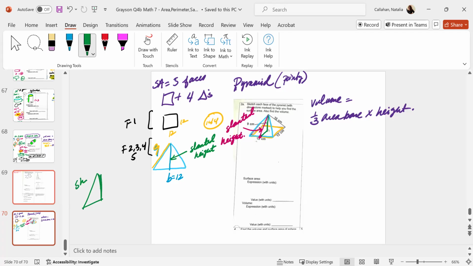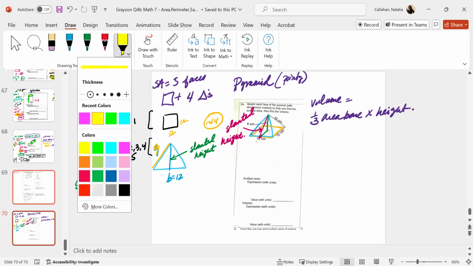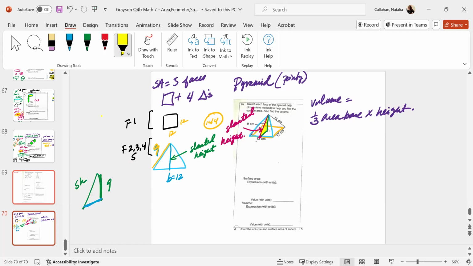This part right here, do you know what that is? Look at your triangle that I took it from. What do you think that is? 9. That is 9. Do you see this triangle right here, this yellow triangle? Do you see this 9 right here is right there? It's the height, right? Now, what's the bottom part right there in the blue?